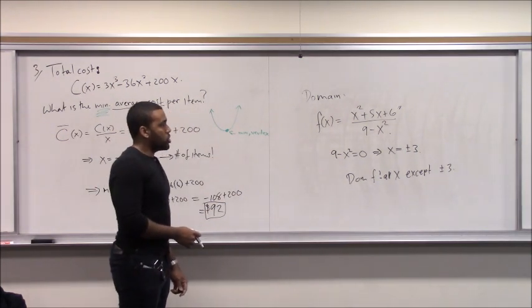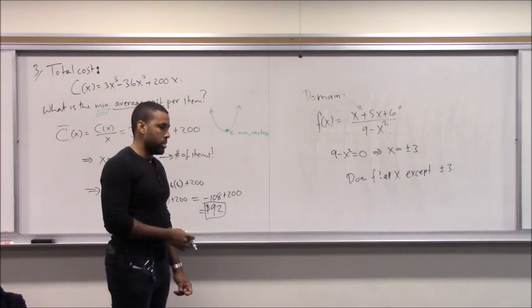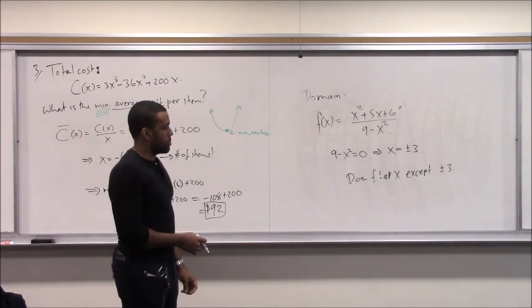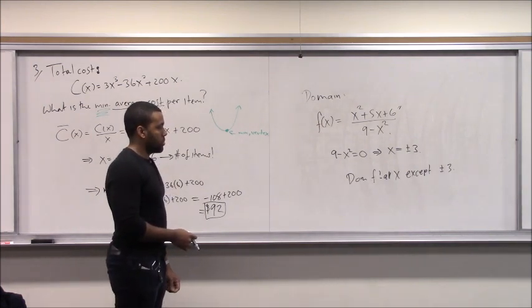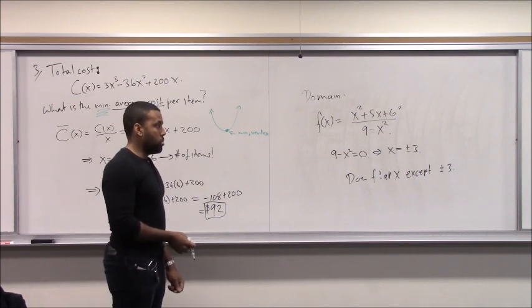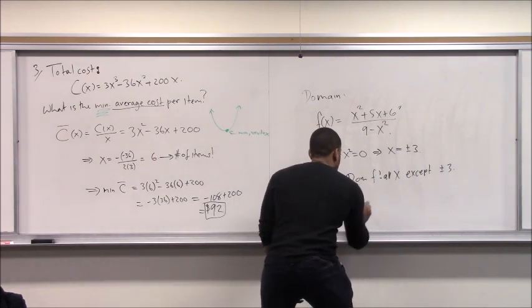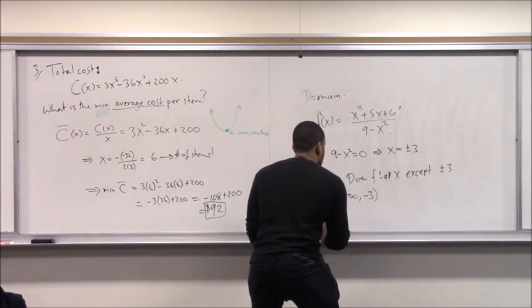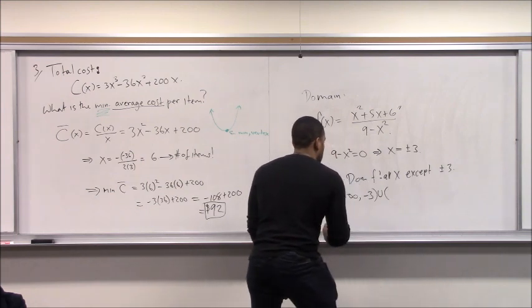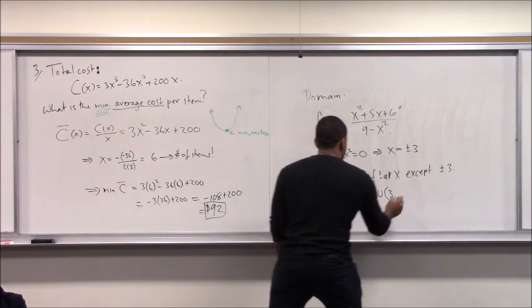But then they tried to write it down in interval notation. What would the interval notation look like for this? Is it just a bracket 3? Isn't it the union? It's going to be a parentheses, union, but what is the negative? Negative infinity to negative 3, parentheses, union, parentheses 3, comma, infinity.